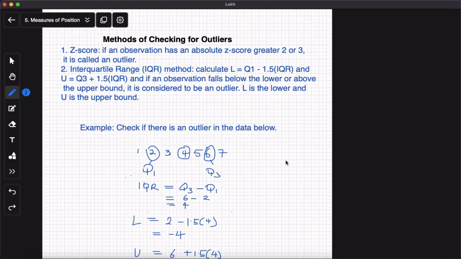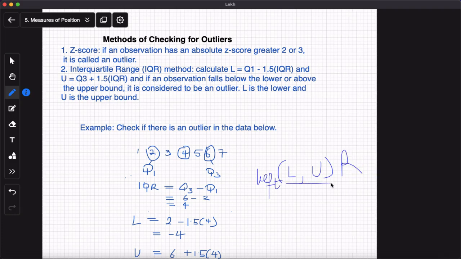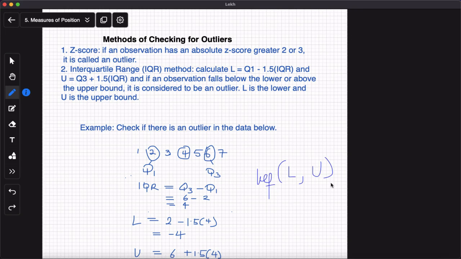We obtain an interval, a lower bound and then an upper bound, such that if any observation falls outside this interval, maybe to the left or to the right, but doesn't fall inside this interval, then definitely that observation will be said to be an outlier.